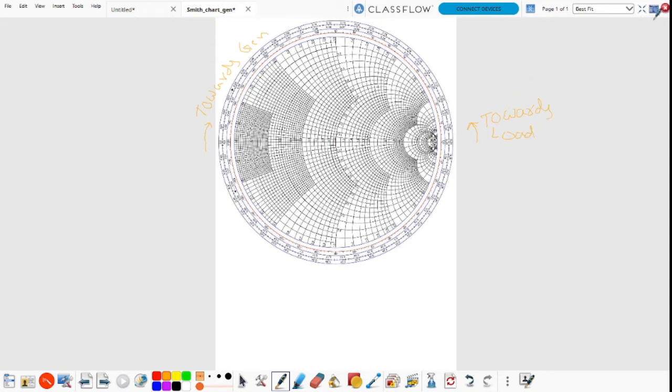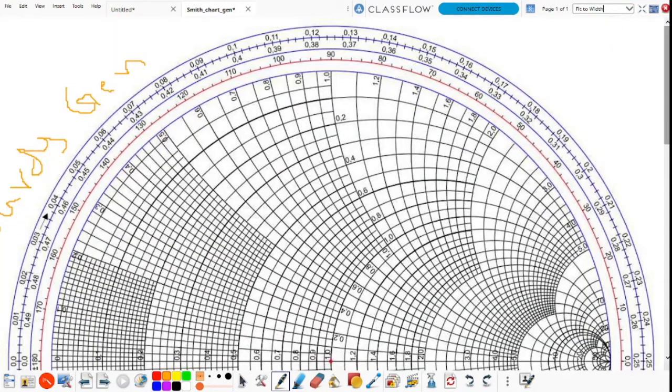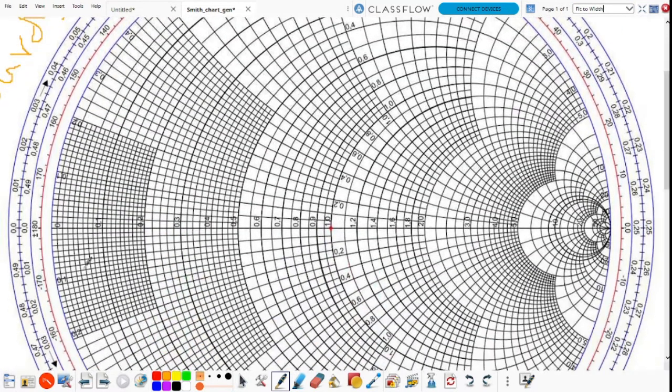Now I will maximize the Smith chart. This is the horizontal axis, and these are the different constant circles. Above the horizontal axis it has positive reactance values, below the horizontal axis it has negative reactance values, and this is the origin point, the point 1 comma 0.